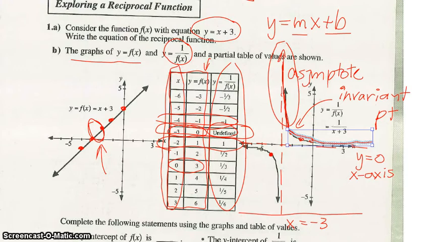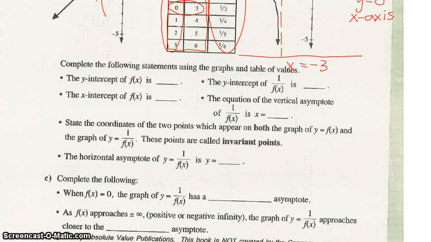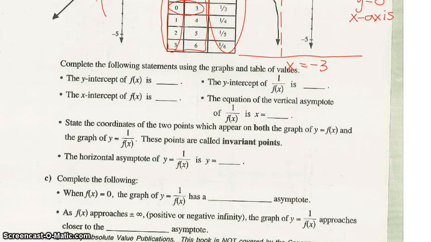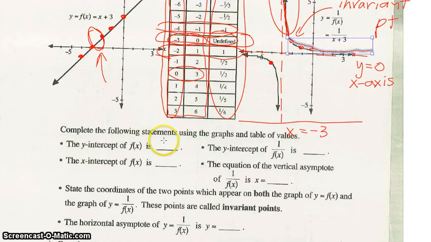Okay, let me summarize it. The book may do it differently, but here they have some numbers. The y-intercept of the original graph is 3, so the new one is just 1/3.